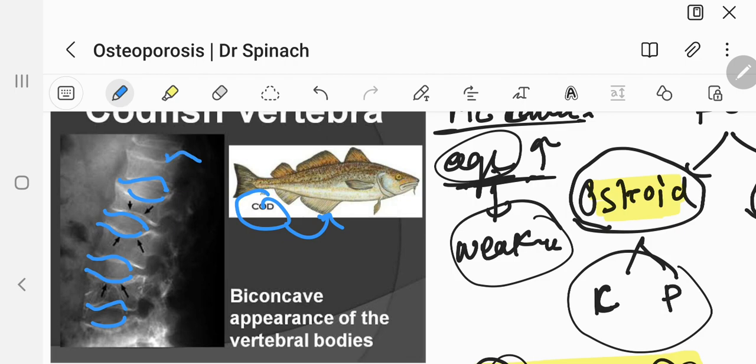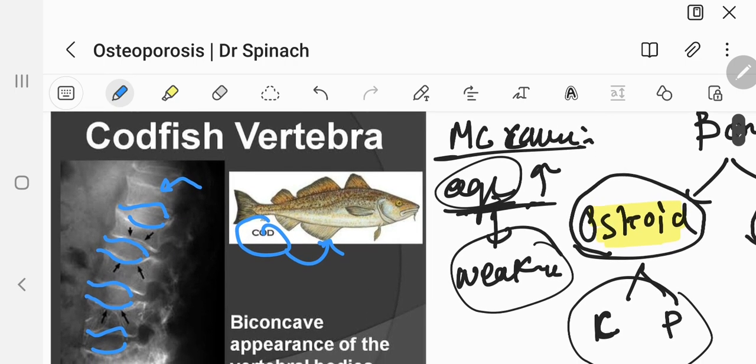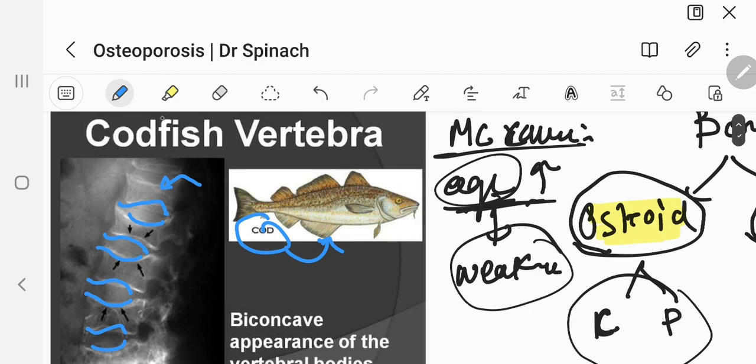Now this vertebra looks like a codfish, and therefore some radiologists give this name as codfish to actually make our life more difficult, but it is fine because I have already emphasized more than enough times that codfish vertebra is seen in osteoporosis more than osteomalacia, right?